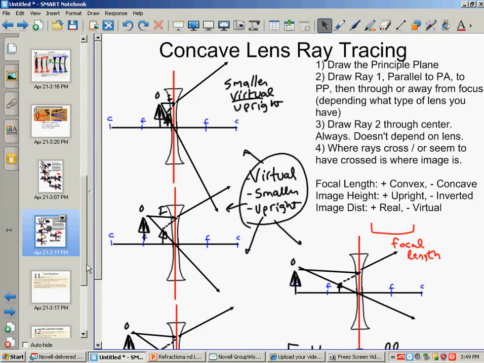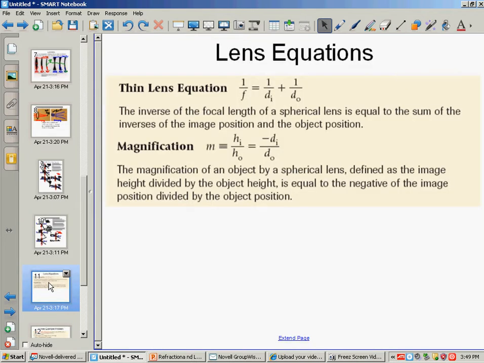So, here we go. We're going to now talk about how do you find it using the lens and mirror equation and the magnification equation. So we've done this in the last chapter. Now, be careful. Remember that the focal length is positive if you've got a convex lens.